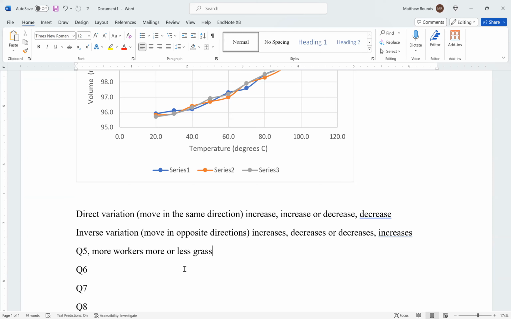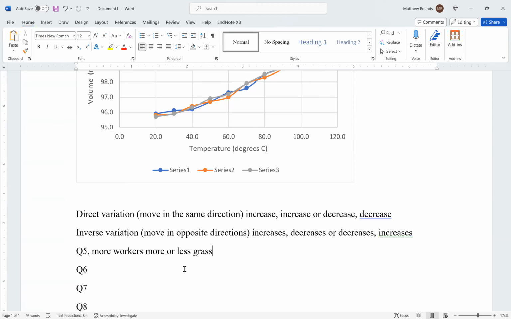Let's do a different example. Let's try to think of something reasonable. Let's say you're paving a street. Would you want more workers or less workers? I would want more workers.